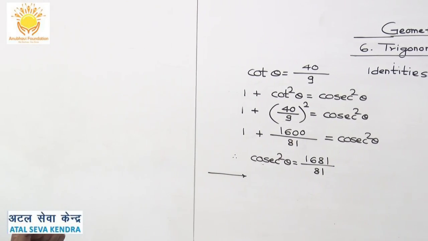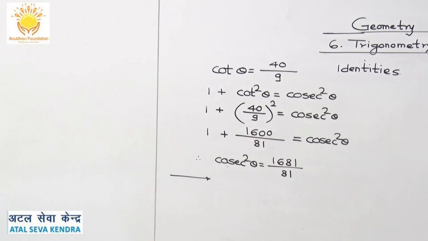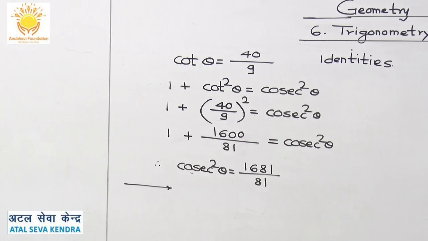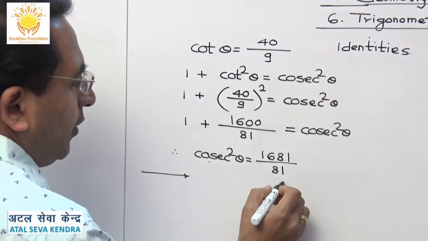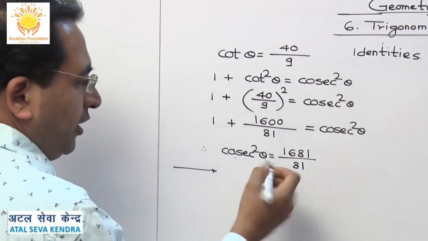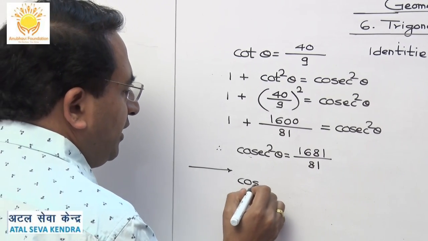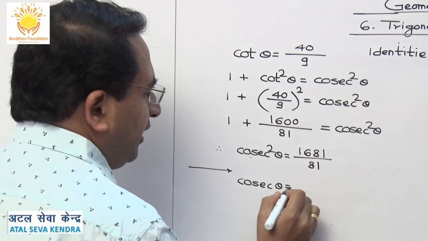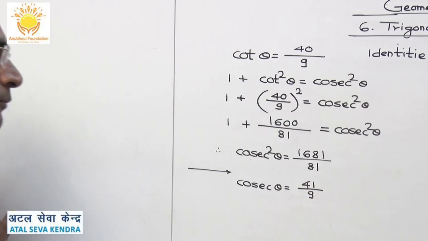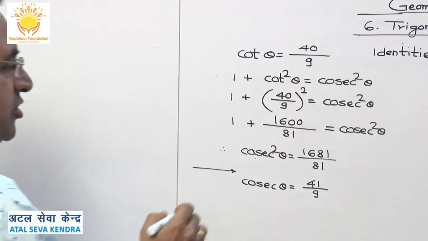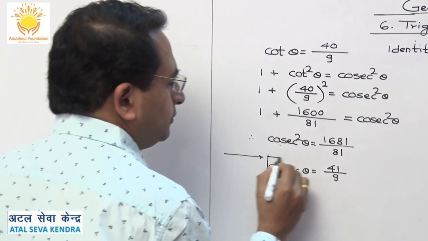I am not writing it here, but when you take a square root, we normally write positive, negative. Here we specify by taking positive square roots of both sides, so there is no question of writing a negative sign there. Cosec theta comes to be 41 upon 9. So that is the value of the first trigonometric function we are getting.